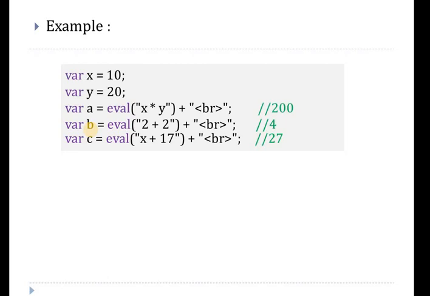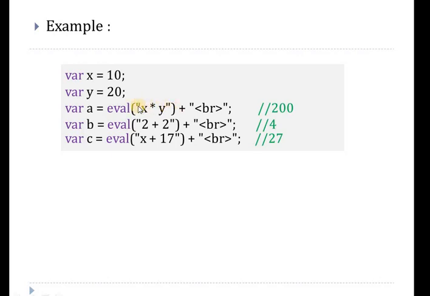Let's say in this code snippet, variables x and y are declared with initial values 10 and 20. After that, I have called the eval function. Now this is our expression x multiplied by y, but it is in string representation.